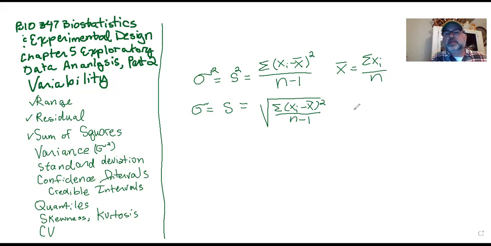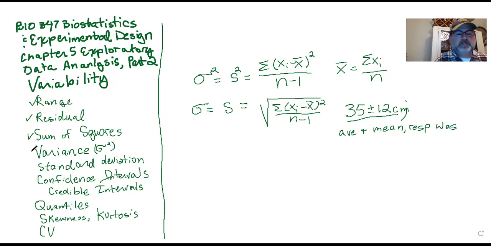So you can report things like something was 35 plus or minus 12 centimeters. If you report something like this, you should say the average and mean respectively was, and then report this. Otherwise, this could be several different things. All right.